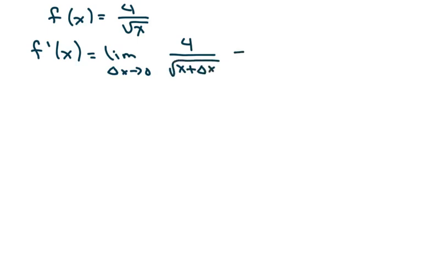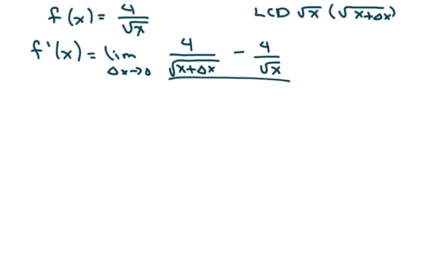And then subtract the whole function. Alright? My common denominator is square root of x times square root of x plus delta x. That's your LCD. This is all over delta x.